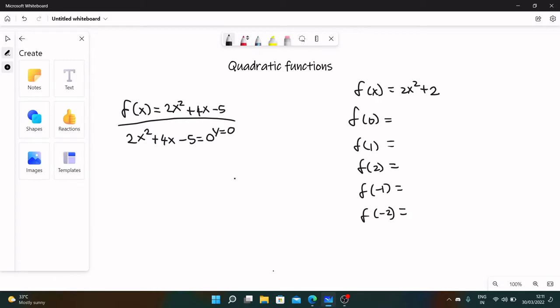f of 0: 0 squared into 2, plus 2, so that would give you 2. f of 1: that would be 1 into 2 plus 2, that's 4. Then f of 2 will give us 10. f of minus 1 will give us 4.